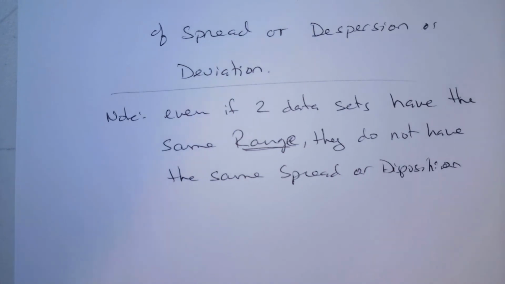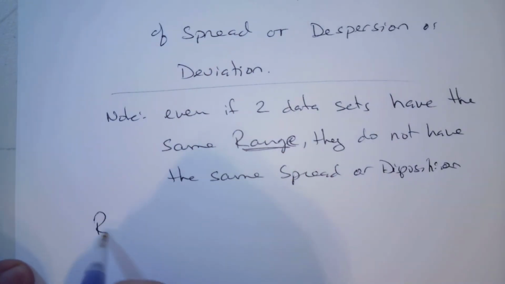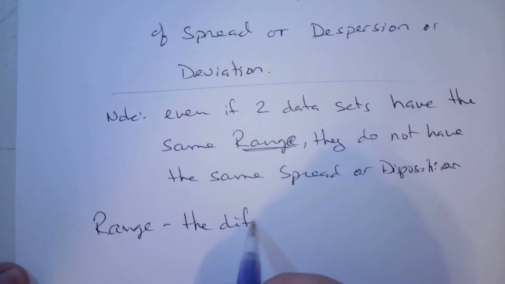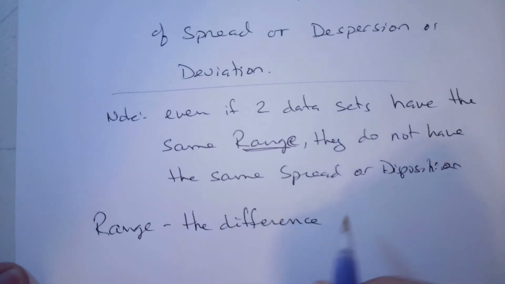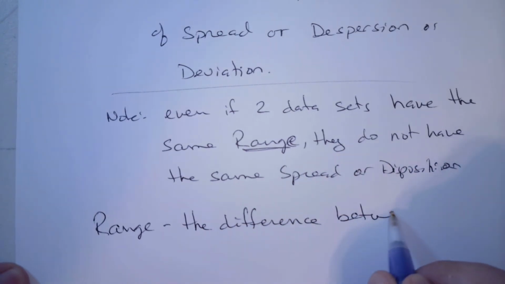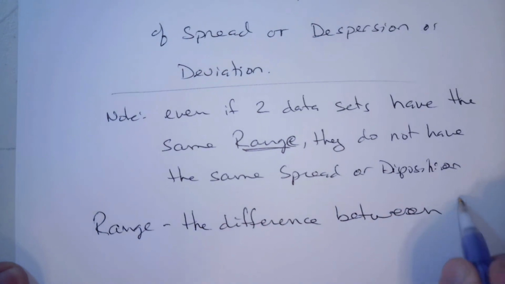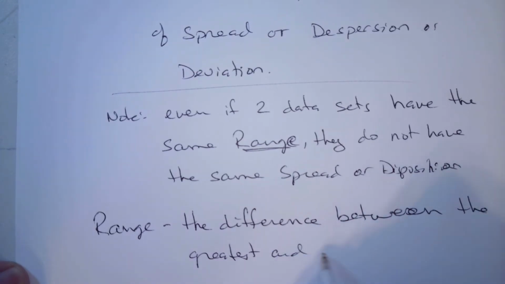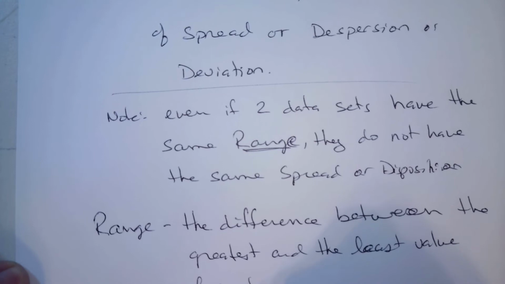What is a range? The range is the difference between the greatest and the least value of a data set.